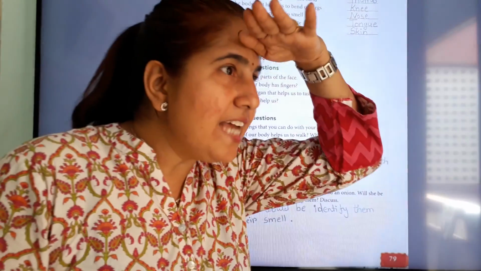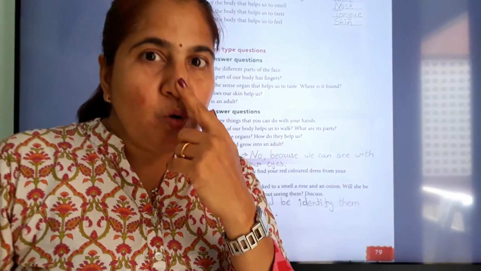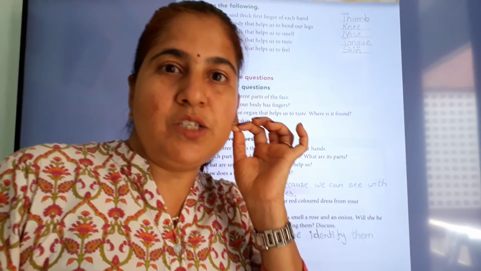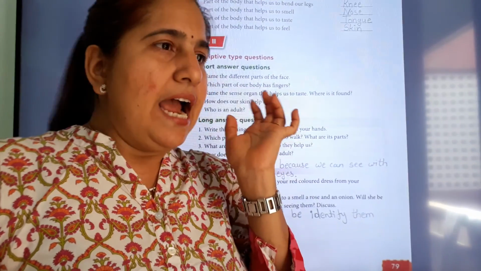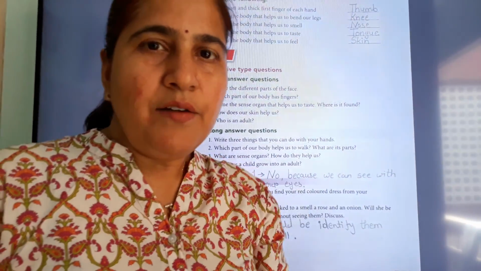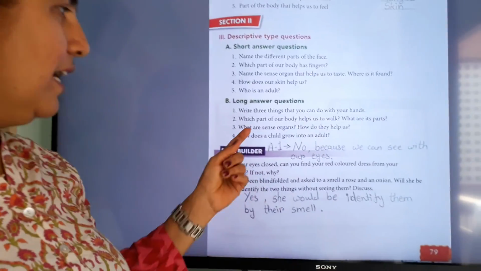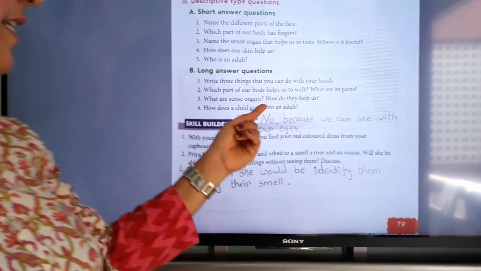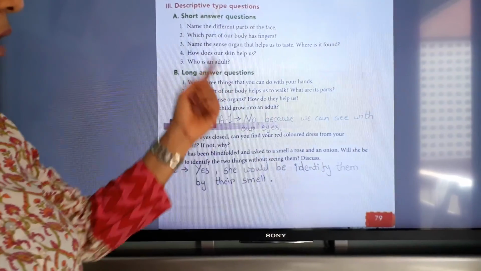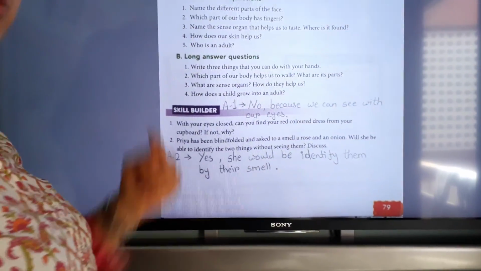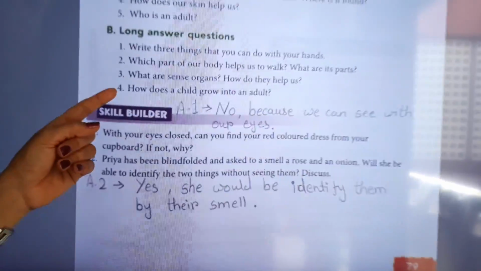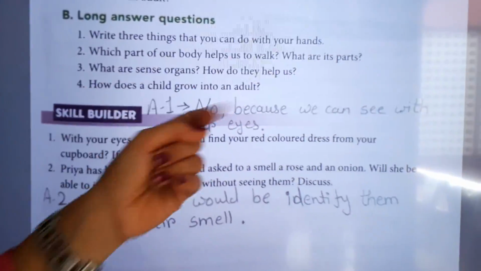Like our eyes help us to see, our nose helps us to smell, our ears help us to hear sound, and our skin helps us to touch and feel. This way our sense organs help us to know about the world around us.